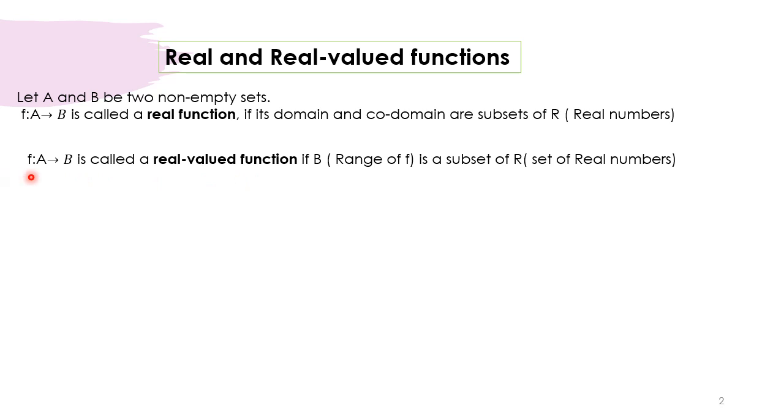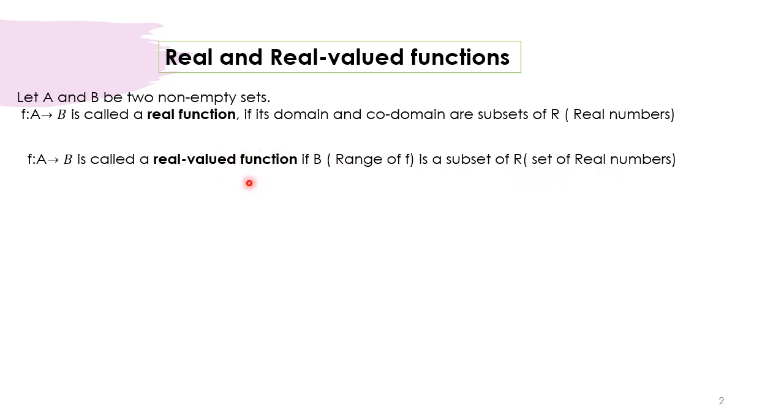And the function f from A to B is called a real valued function if B... here I have taken a range of the function. Actually it should be range of the function f. And you know range is a subset of codomain. Specifically, we should consider here the range of the function is a subset of R, the set of real numbers.